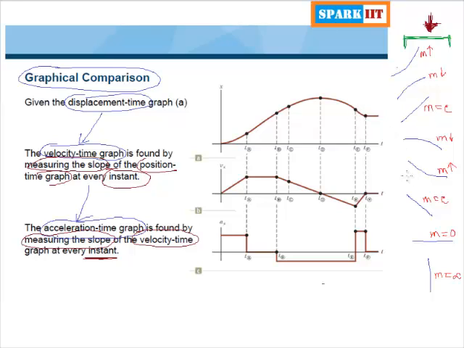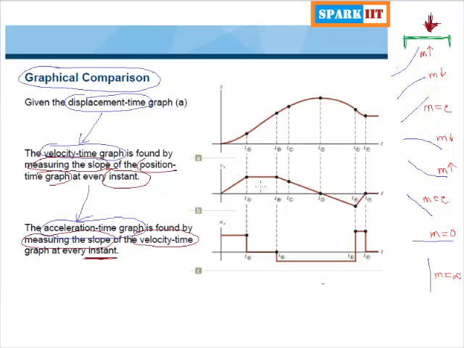From E the graph is becoming like this, so the slope is increasing, so velocity is increasing. Onwards of TE the graph is a straight line, so slope is 0, so velocity is also 0. Looking at this diagram, you can easily derive this one.